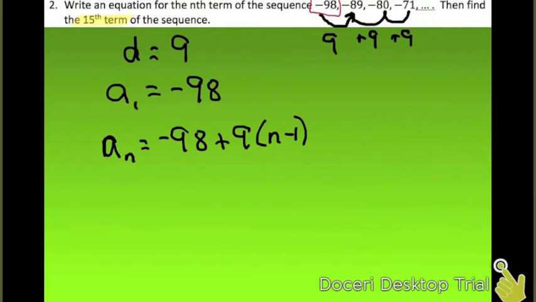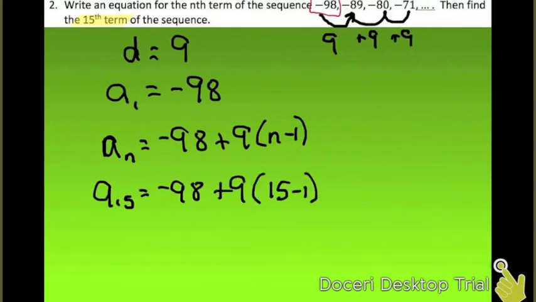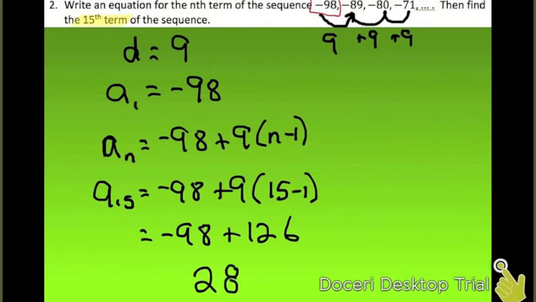So we're going to go ahead and plug in. a sub 15 is negative 98 plus 9 times 15 minus 1. 15 minus 1 is 14, times 9 gives us 126. So this is going to be negative 98 plus 126. And our final answer there will be a positive 28. So the 15th term is positive 28.